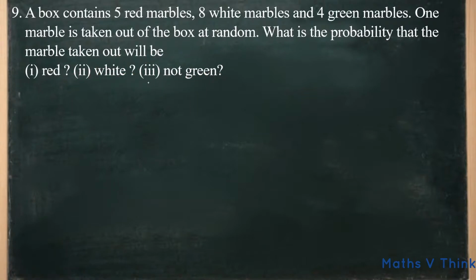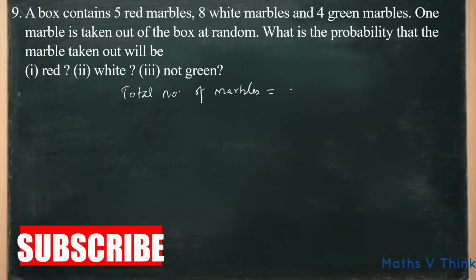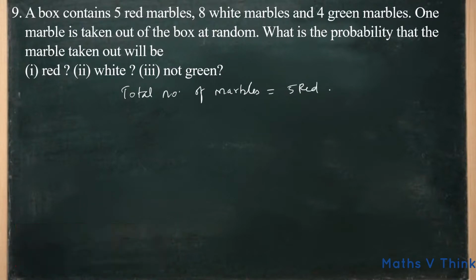So first we'll find the total number of marbles. Total number of marbles is equal to 5 red marbles plus 8 white marbles plus 4 green marbles. So the total is equal to 8 plus 4 is 12, 12 plus 5 is 17 marbles.